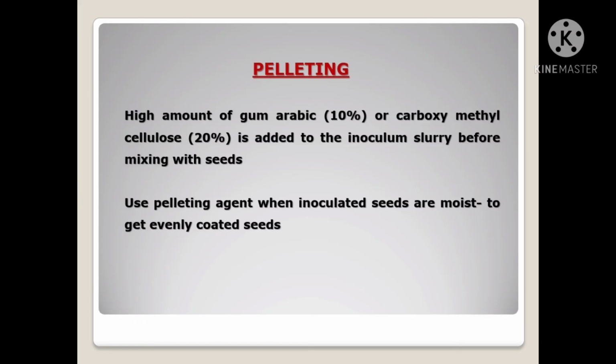In case of the pelleting procedure, a high amount of gum arabic, nearly 10%, or carboxymethyl cellulose, nearly 20%, is added to the inoculum slurry before mixing it with seeds. In certain cases, we can also use a pelleting agent, especially when the inoculated seeds are moist, to get evenly coated seeds.